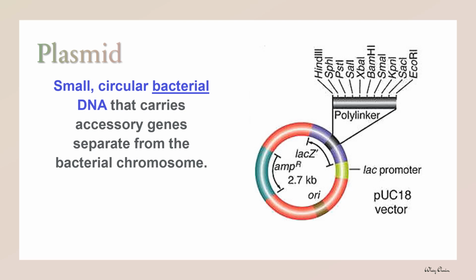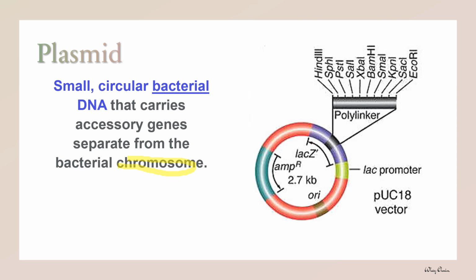Plasmid is defined as a small circular bacterial DNA that carries accessory genes, separate from the bacterial chromosome. In chapter 2, we already studied that in prokaryotic cells such as bacteria, there are two types of DNA found in the cytoplasm. One is the larger size, which we call the chromosome.